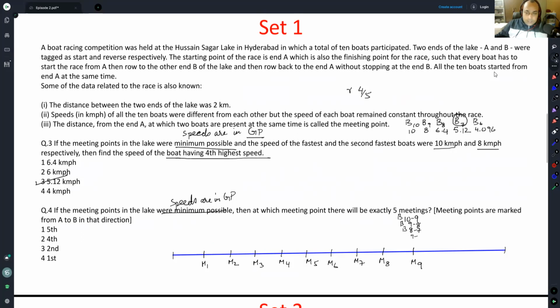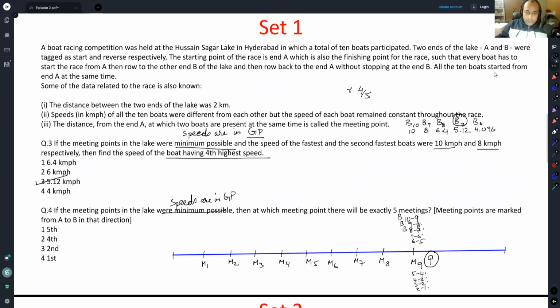And 7 and 6 will meet here, 6 and 5 will meet here, 5 and 4 will meet here, 4 and 3 will meet here, 3 and 2 will meet here, 2 and 1 will meet here. So at meeting point 9, how many meetings are we getting? 1, 2, 3, 4, 5, 6, 7, 8, 9. 9 meetings are taking place.